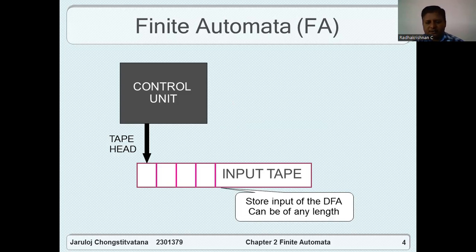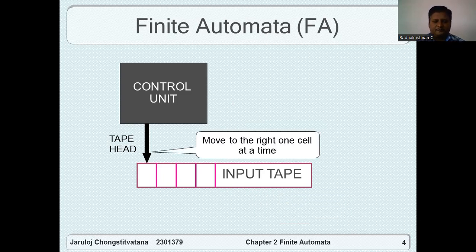The input tape stores the input of the DFA, which can be of any length. The length of the input string is not fixed; it varies from language to language. There is no condition for a specific length, so it can be any length. The tape head moves to the right one cell at a time.